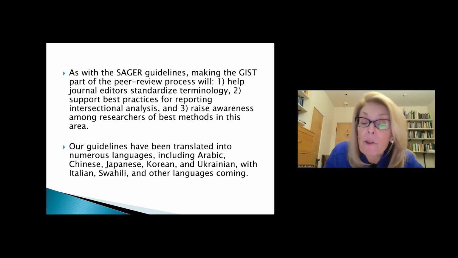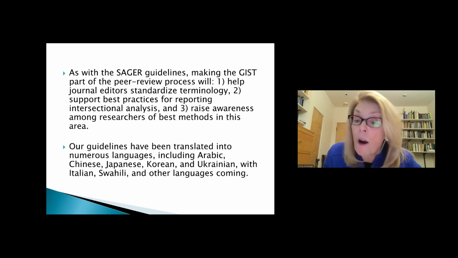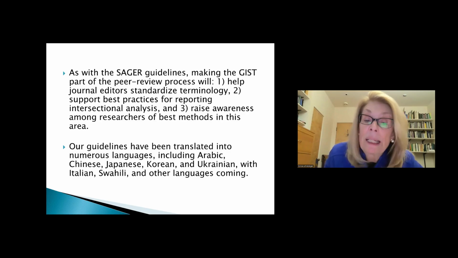And I'm so pleased to say that our guidelines are being translated into numerous languages. So far, there's a translation in Arabic, Chinese, Japanese, the Korean translation is coming, Ukrainian. We will have an Italian translation, not Swahili. I'm told that's not a language people publish in, but many other languages are coming.